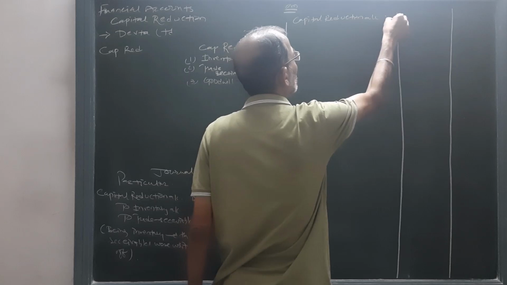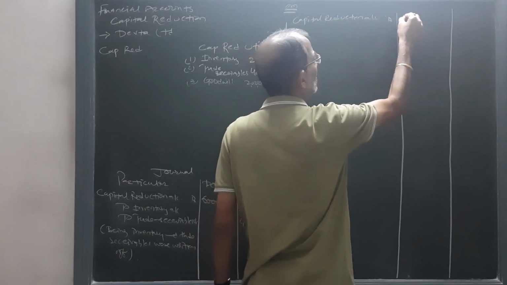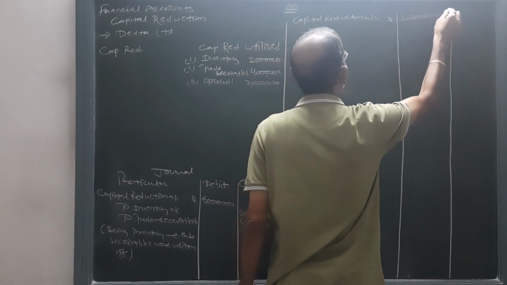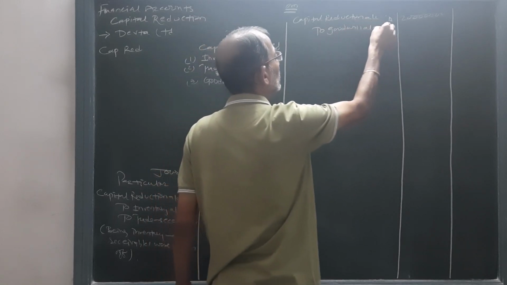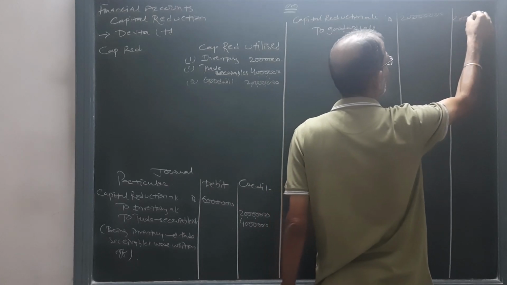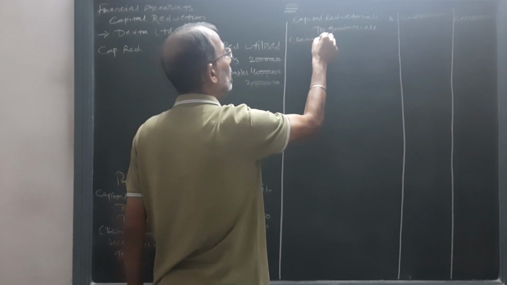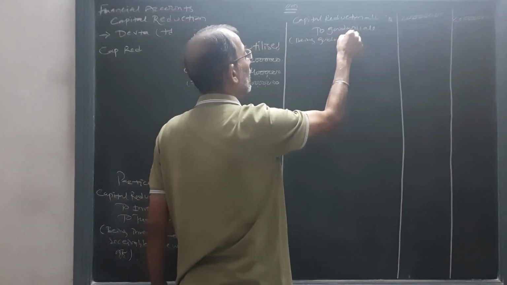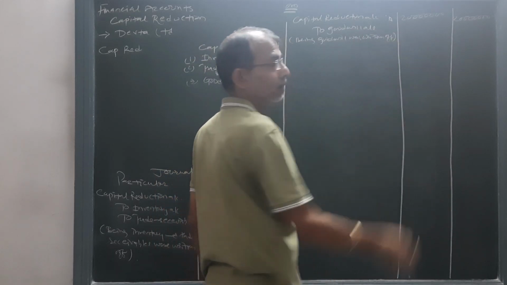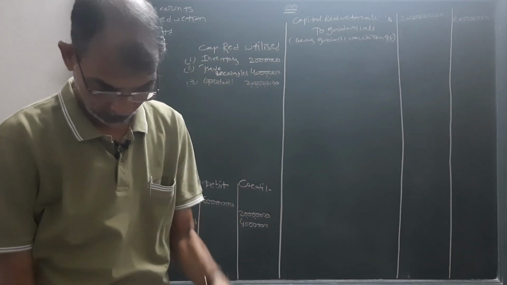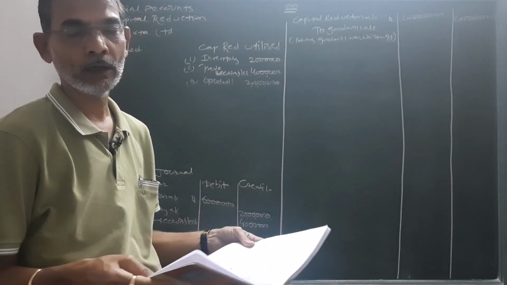Capital reduction account debit, what was the amount? 2 crore, to goodwill account 2 crore, being goodwill was written off.